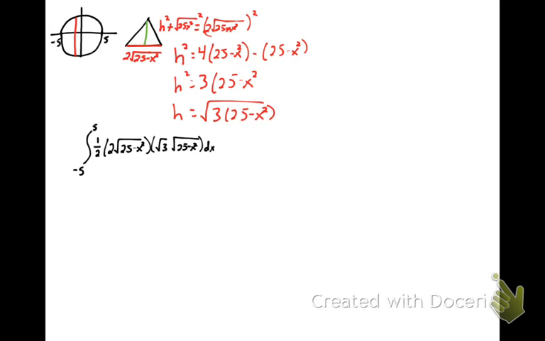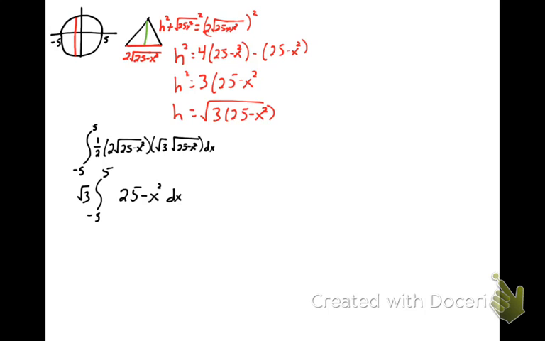I'm going to clean this up a little bit. So we'll have the integral from negative 5 to 5. The square roots will cancel each other out and free up the 25 minus x squared. 1/2 times 2 is 1 times the square root of 3, so I'm going to pull that constant out and integrate everything with respect to dx.